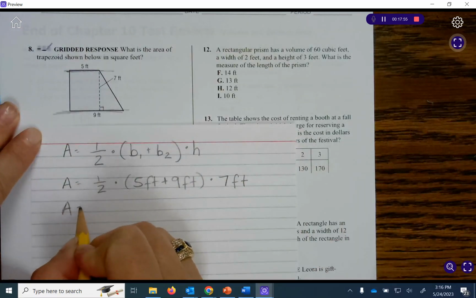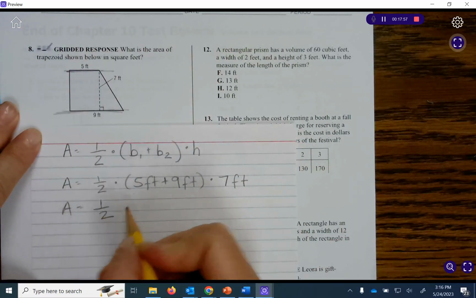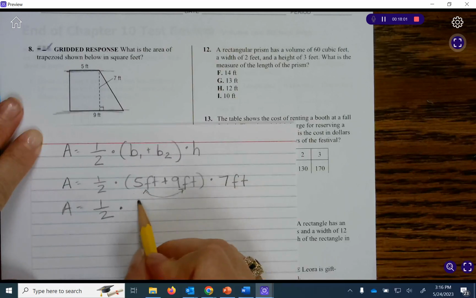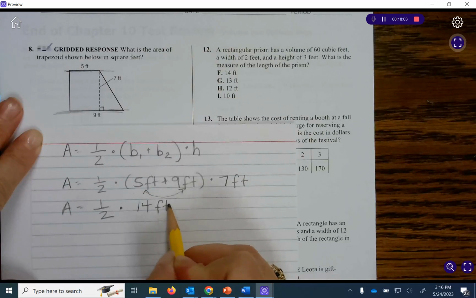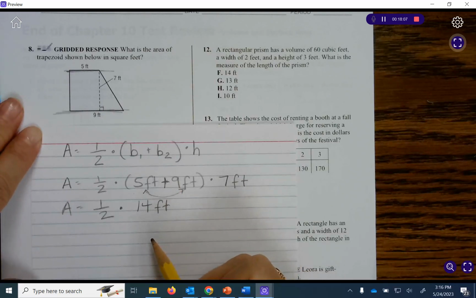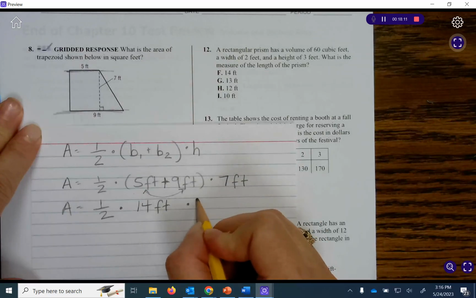So area equals 1/2. Now I'm adding here, so this will be 14 feet, not feet squared, because I'm adding. If I were multiplying, it would be feet squared, but we're adding. Times 7 feet.